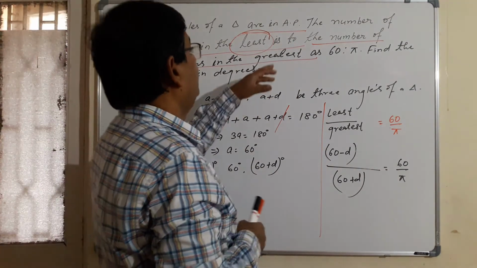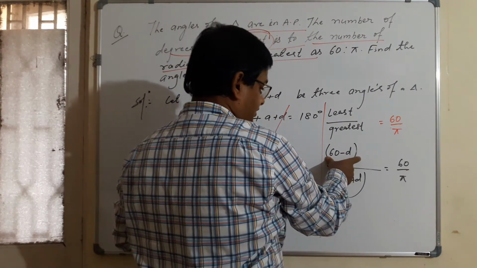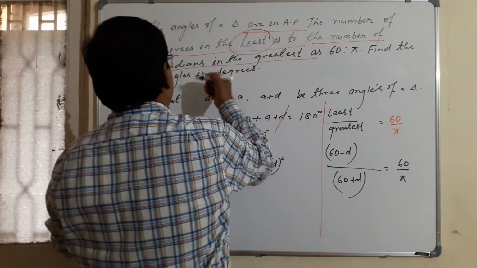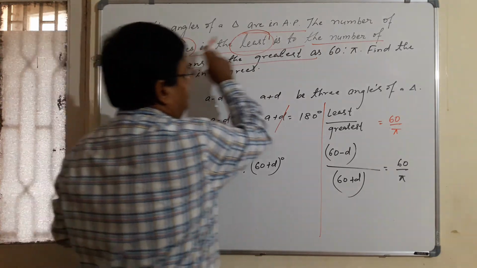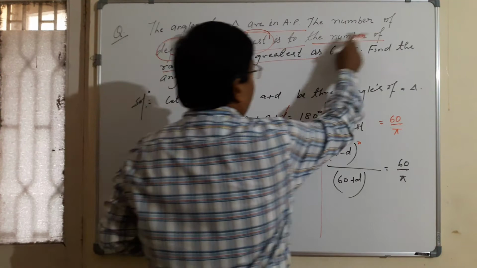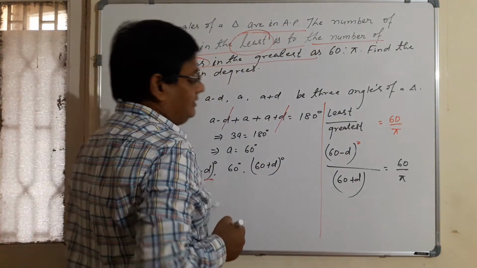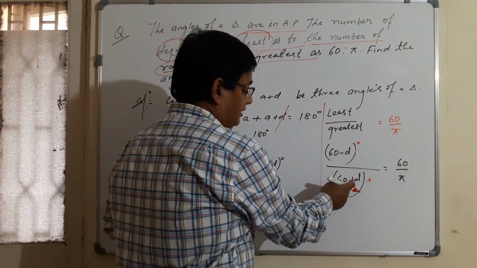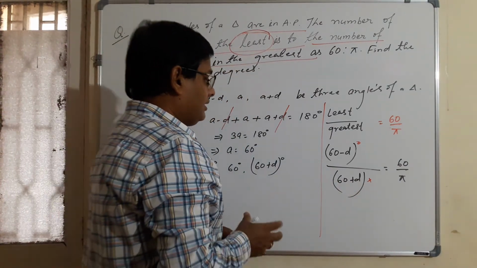So the number of degrees in the least is in degree form, and the number of radians in the greatest is in radian form. So this degree we have to convert into radian form.